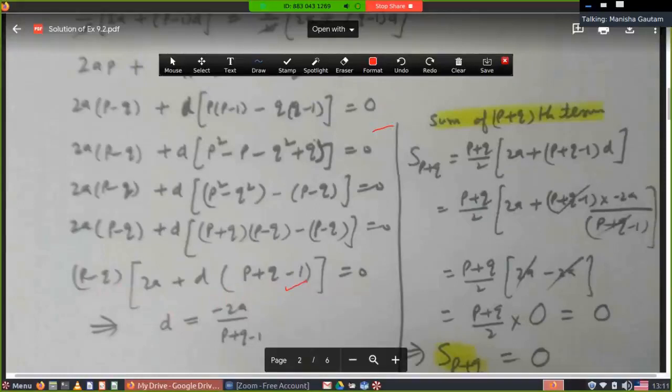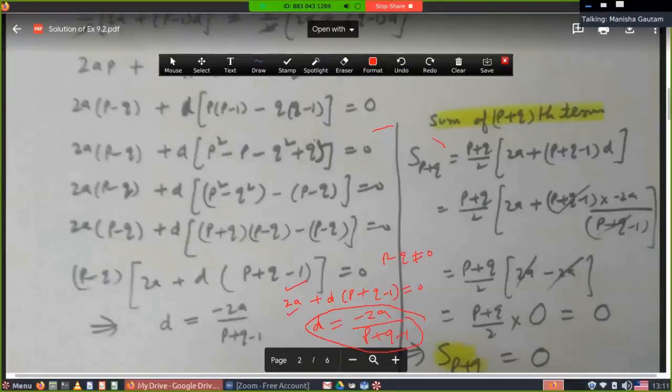This statement put equal to 0: 2A plus D into P plus Q minus 1 equal to 0, because P minus Q is not equal to 0. Now from here you can collect the value D equal to minus 2A, taking this to the right hand side, upon P plus Q minus 1. Now the value of D is minus 2A upon P plus Q minus 1.